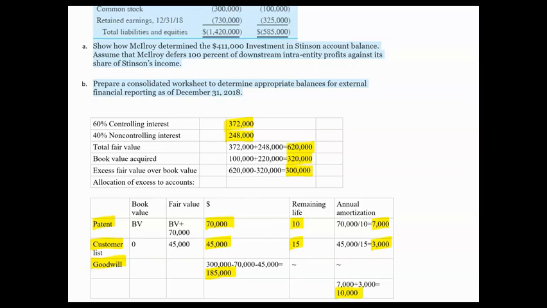Okay, and then let's come back to the question. Question A: show how McRoy determined the 411,000 investment in Stinson account balance, and assume that McRoy defers 100% of downstream intra-entity profit against its share of Stinson's income. So in this question there is the intra-entity transfer, which is downstream.